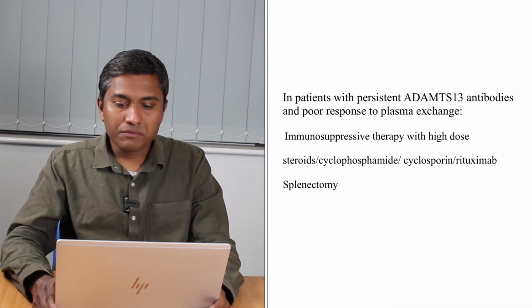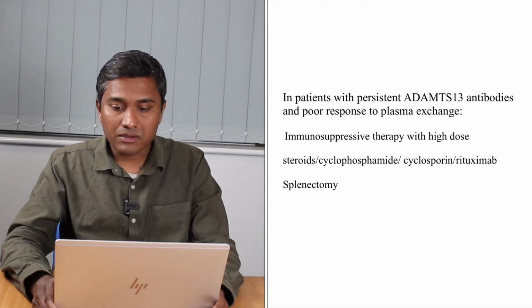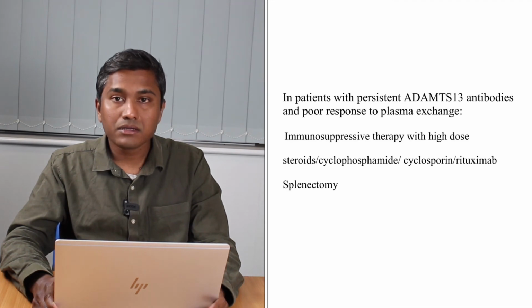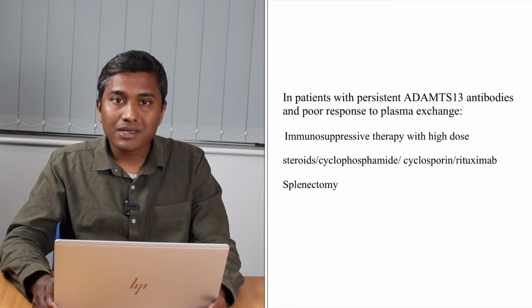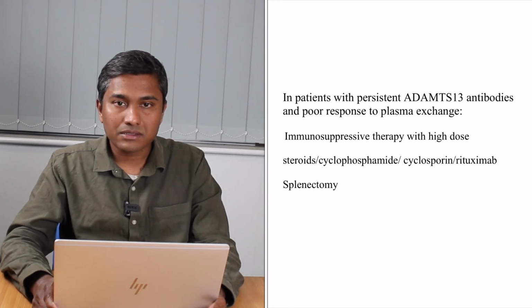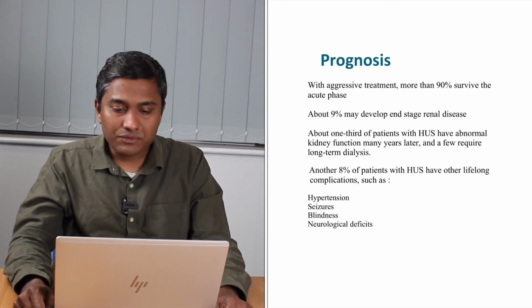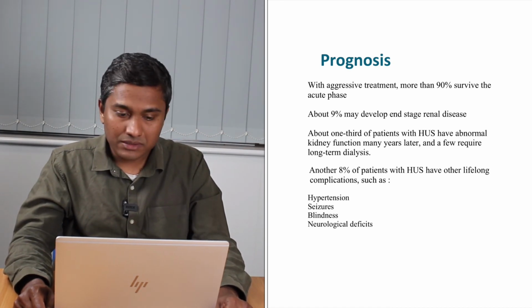In patients with persistent ADAMTS13 antibodies and poor response to plasma exchange, immunosuppressive therapy includes high-dose steroids, cyclophosphamide, cyclosporine, and rituximab. In severe resistant cases, even splenectomy may be needed. Prognosis: with aggressive treatment, more than 90% of patients will survive the acute phase.